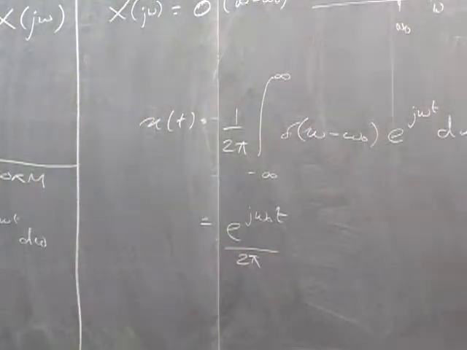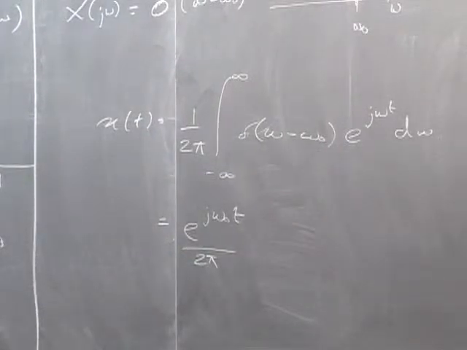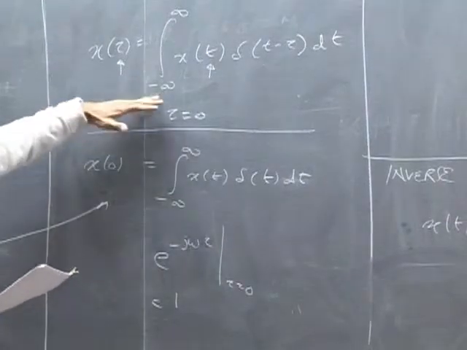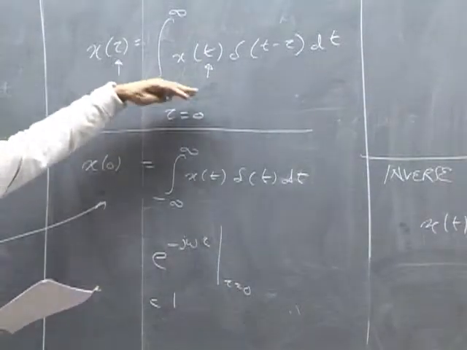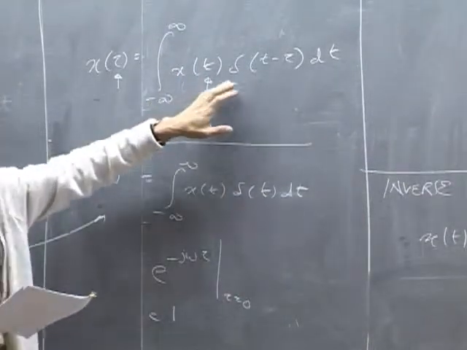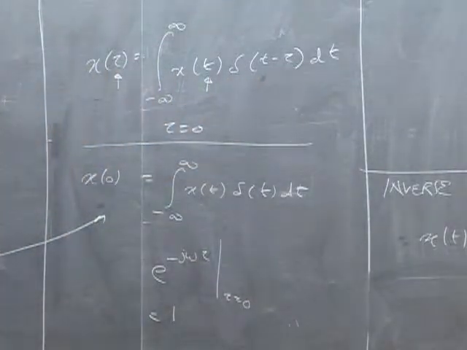Okay. Why is this? Because we are going to have this equation over here, x of 0. We don't say t equals 0. We just say x of tau equals the integral of x of t delta of t minus tau dt. I can just replace t with omega and tau with omega naught, because this is symbol substitution.